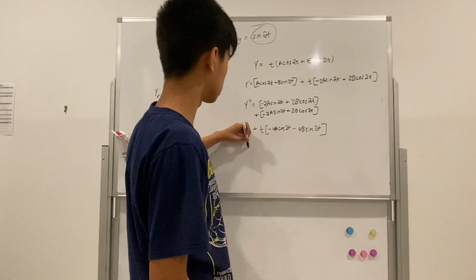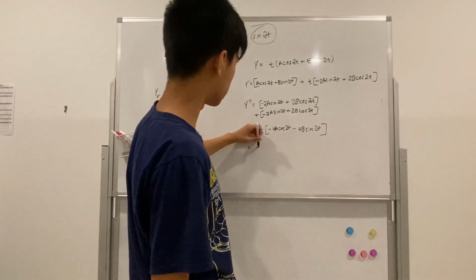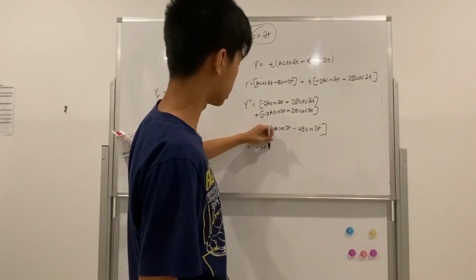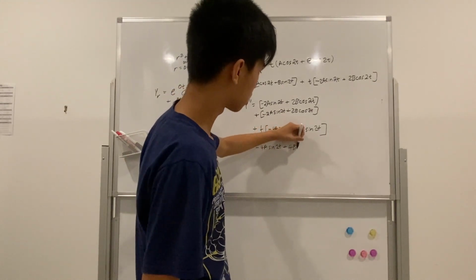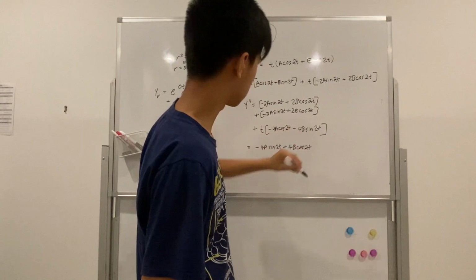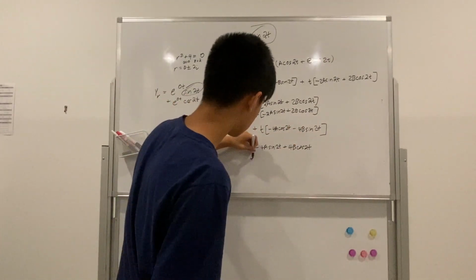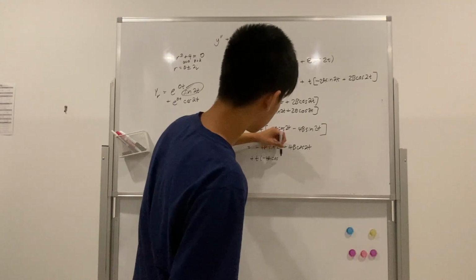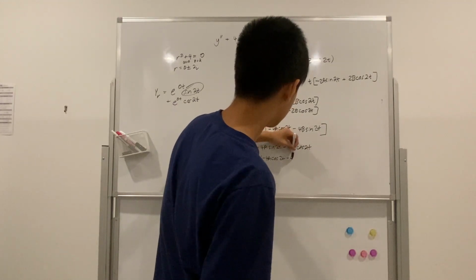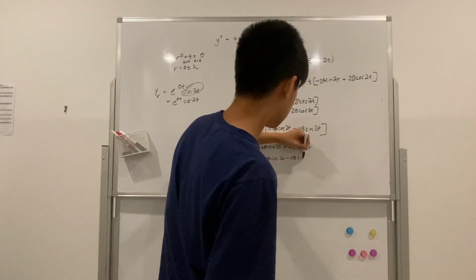So solving for that, we get negative 4a sine of 2t plus 4b cosine 2t plus t times negative 4a cosine 2t minus 4b sine of 2t.